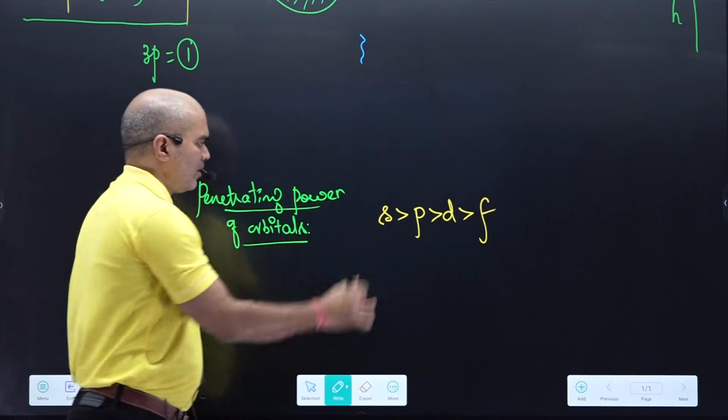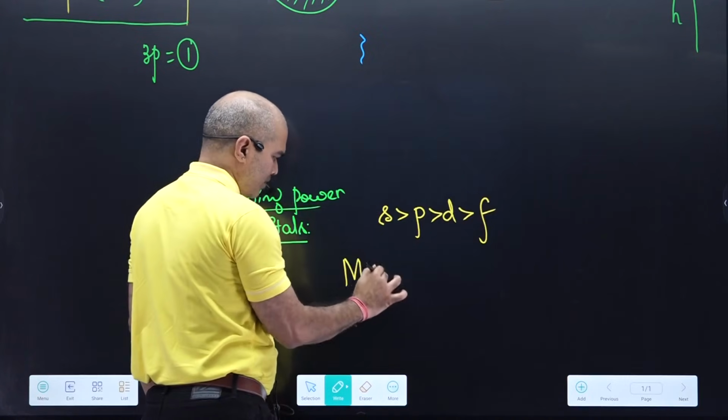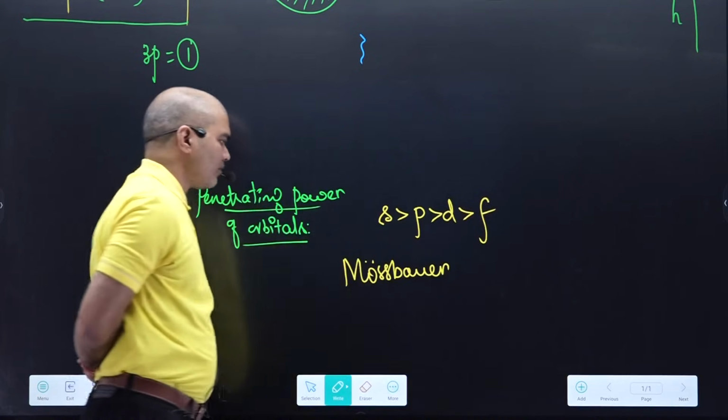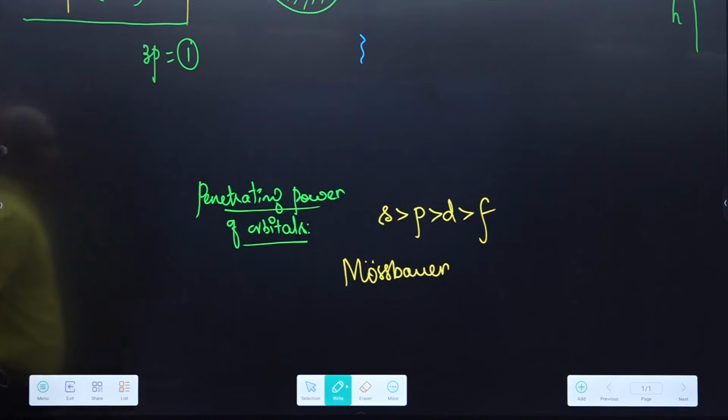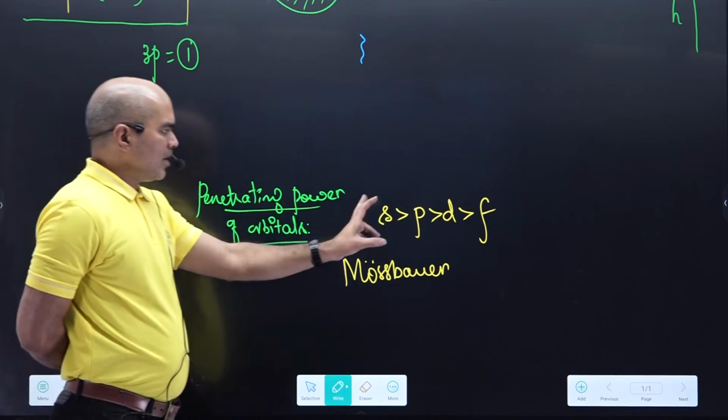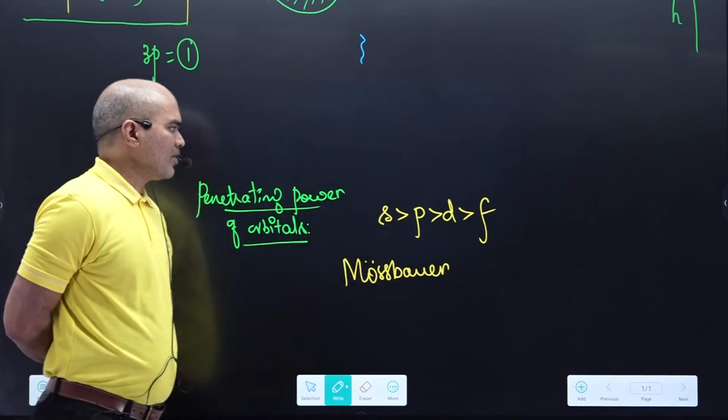And this will be useful for your Mossbauer spectroscopy. In Mossbauer spectroscopy we consider only s electron density. Everything we relate to s electron density because the penetrating power of s electron density is more.